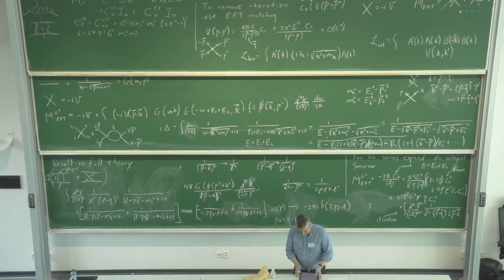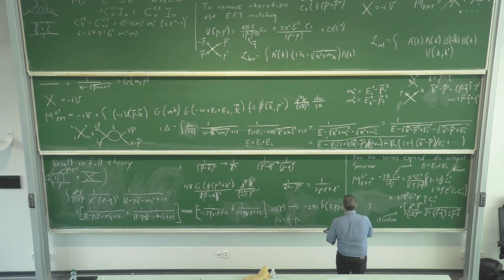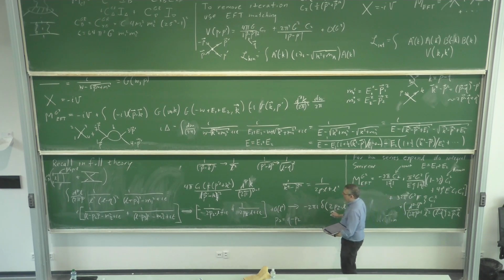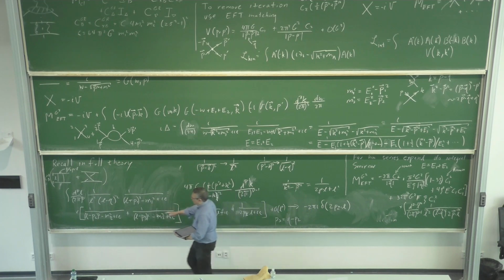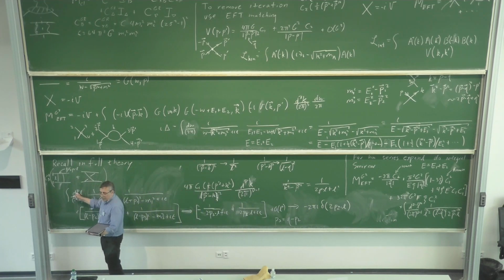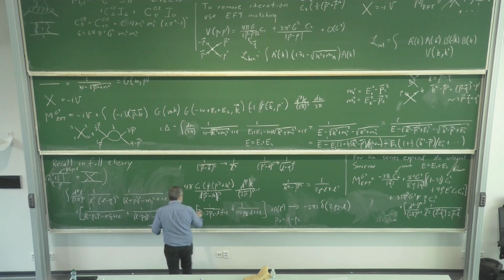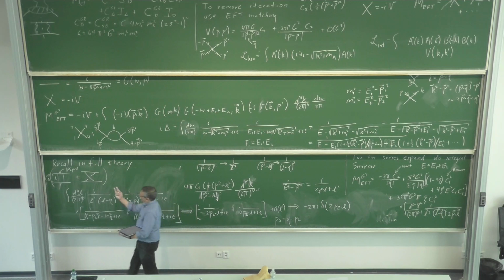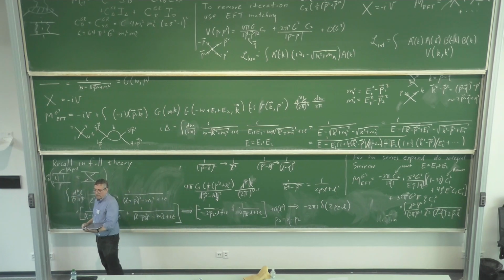Now, if the matter line goes on shell, we can do the integral pretty easily. The energy integral is very easy to do now. So we can reduce this from a d-dimensional to a d-1 dimensional integral by using the delta function that comes from the propagators of this twist.